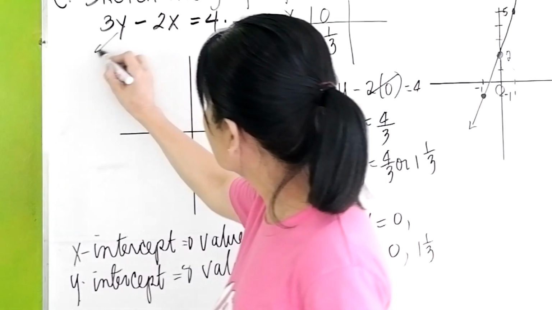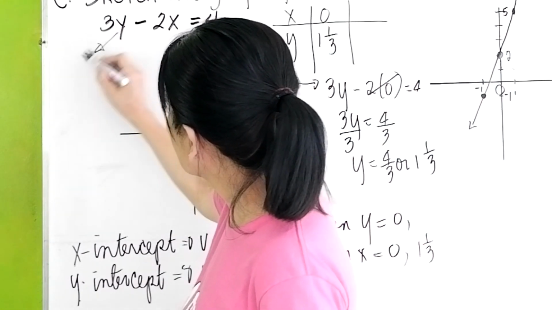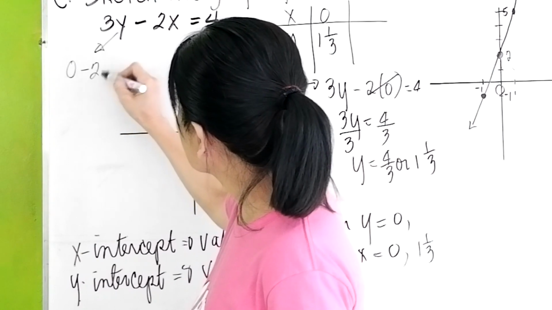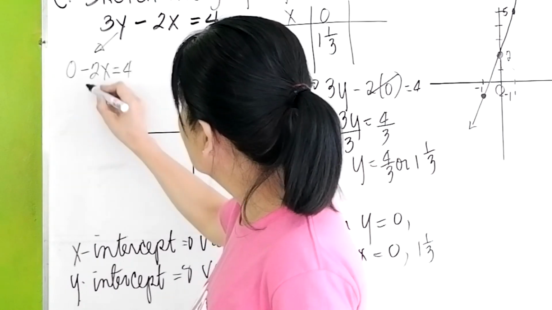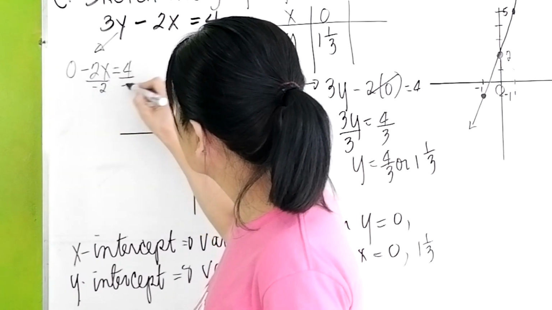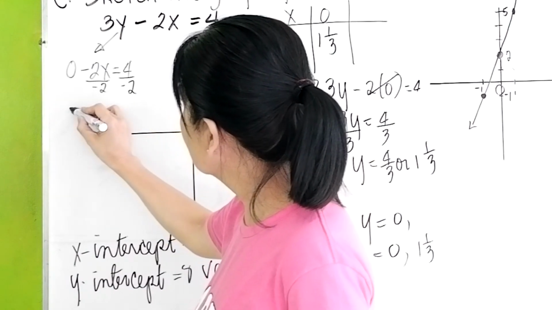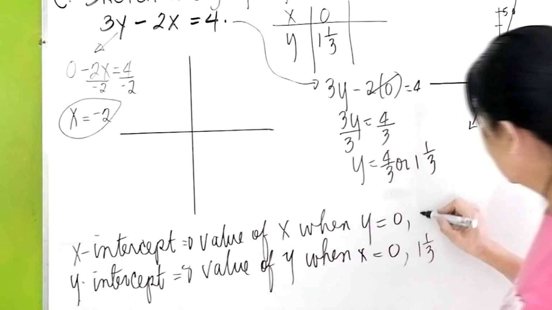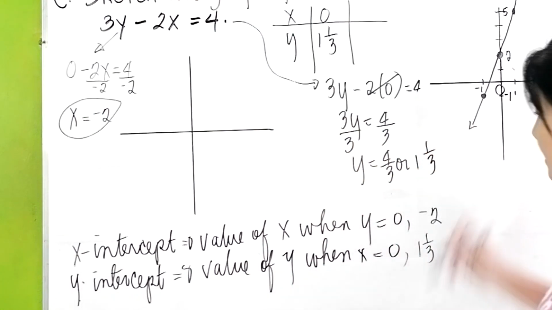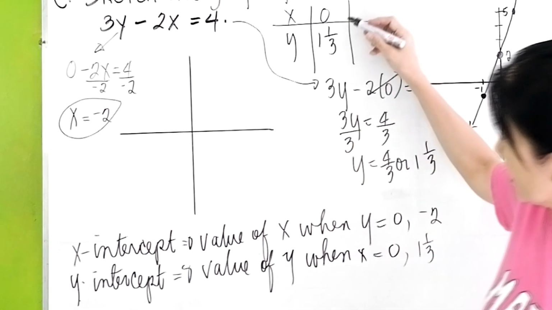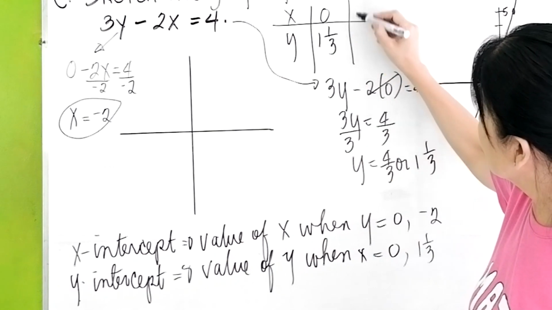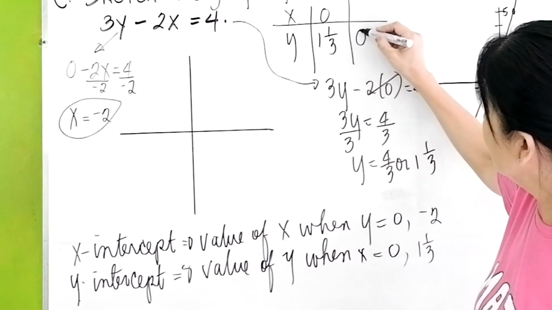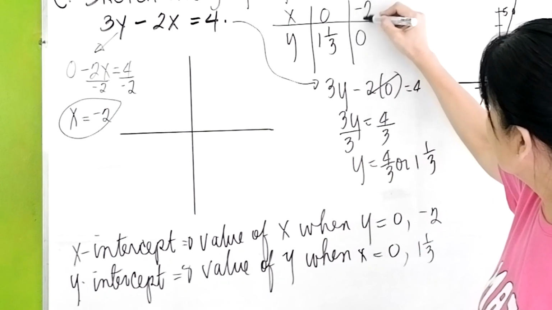This time make this 0. So 3 times 0 is 0. Minus 2x is 4. Divide by -2 both sides. You see that x equals -2. So -2 is the X-intercept. Let me write it here to be clear. When y is 0, x is -2.